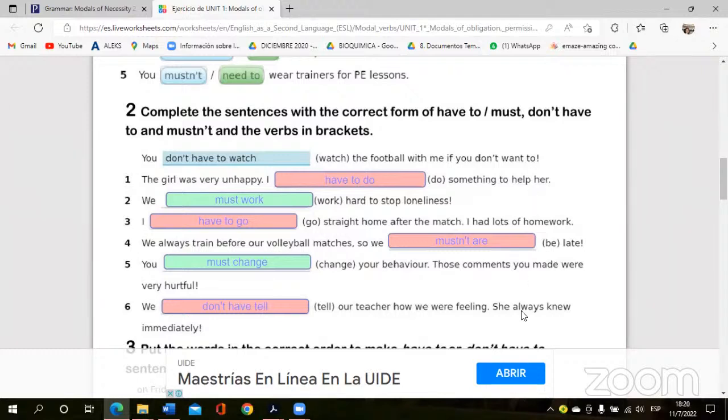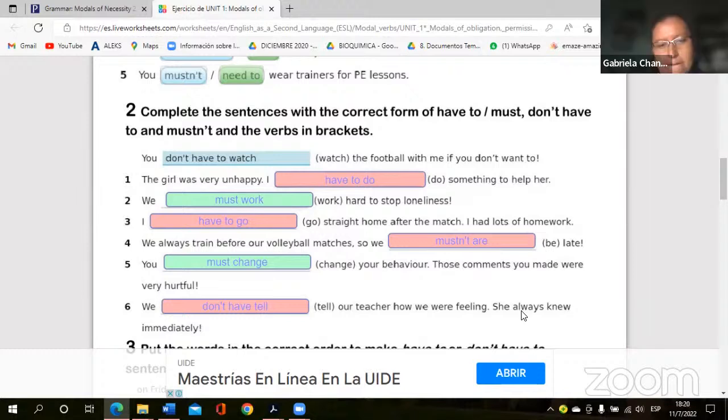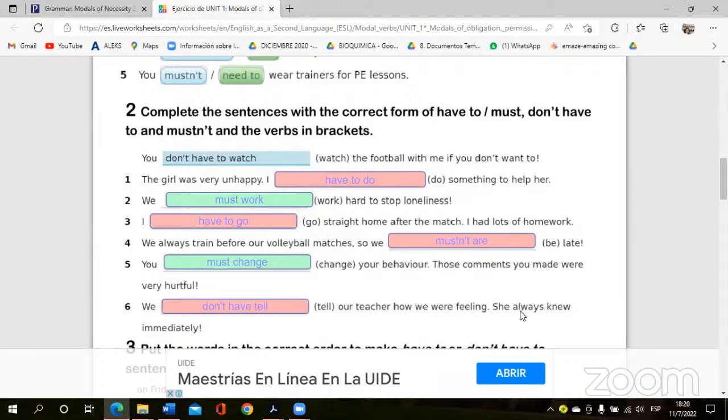Number 4, we always train before our volleyball matches. So we mustn't be late. Yes, mustn't be, right? Always remember that when we use an auxiliary, we have to use the verb in base form.